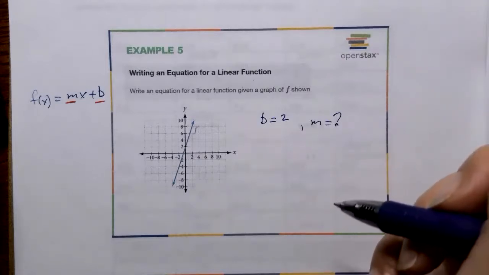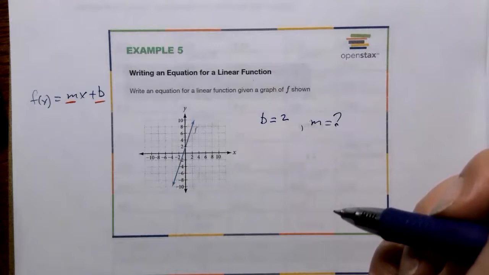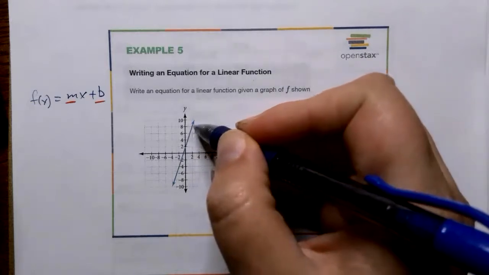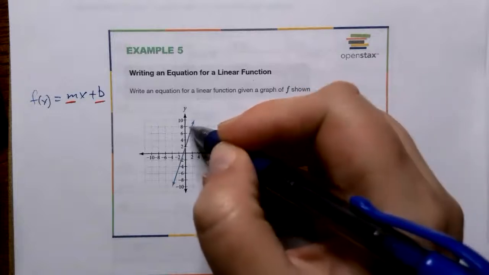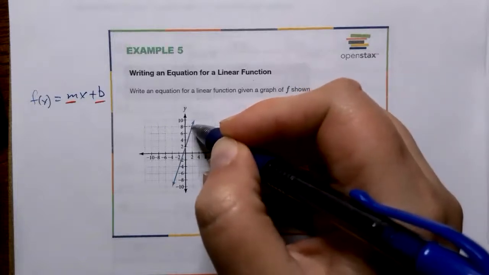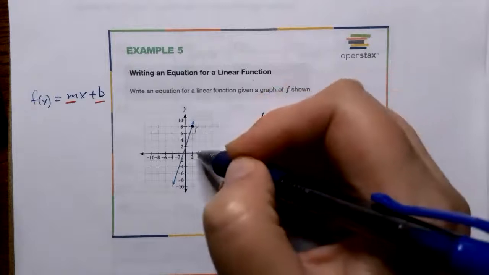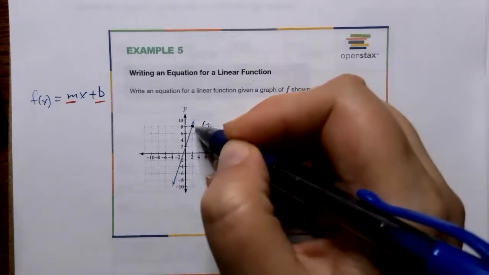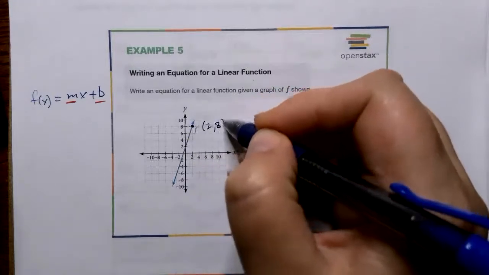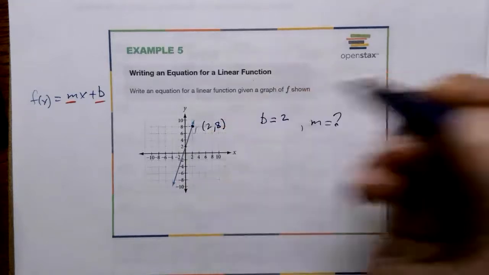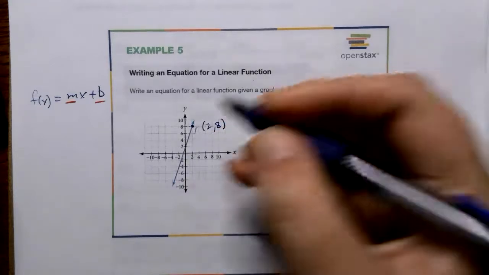So I would choose the points that are clearly on the intersection of these unit marks, so that I don't have to guess what the coordinates are. For example, this would be one of my points with coordinates 2 and 8. And the second, I would choose, well, the y-intercept, why not?